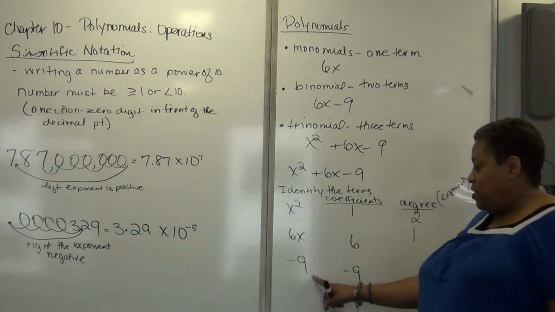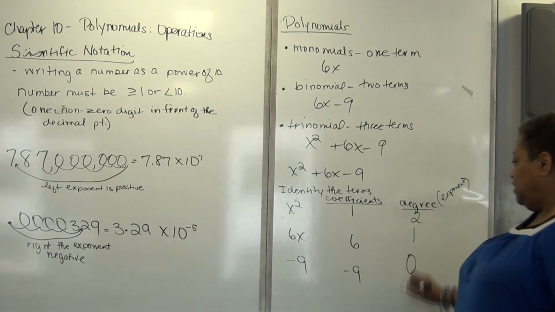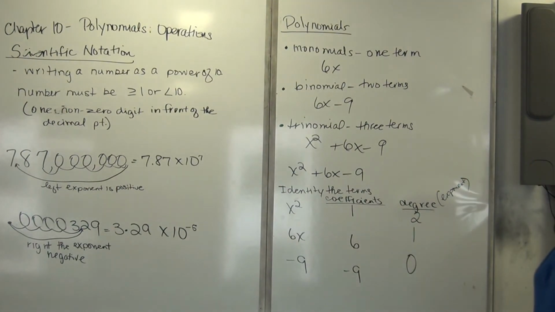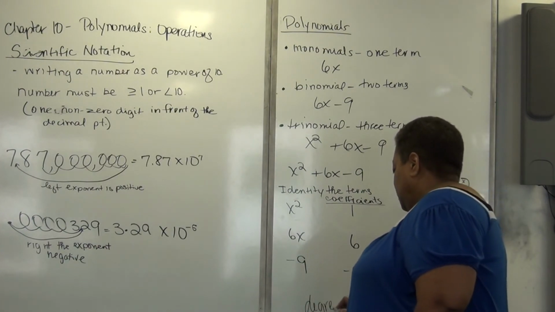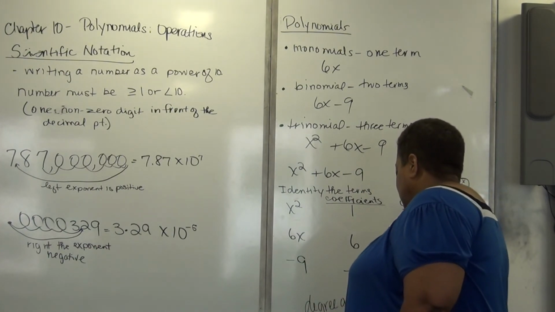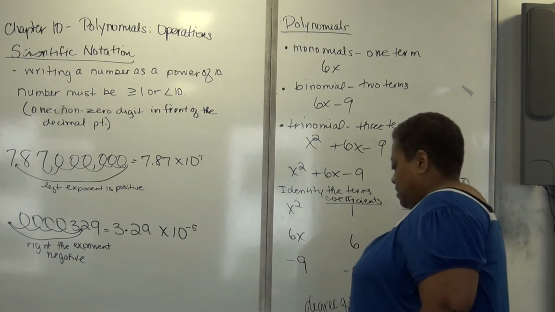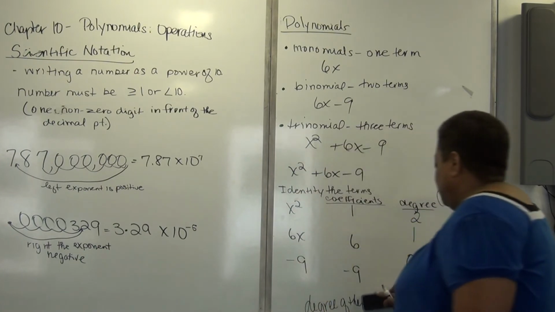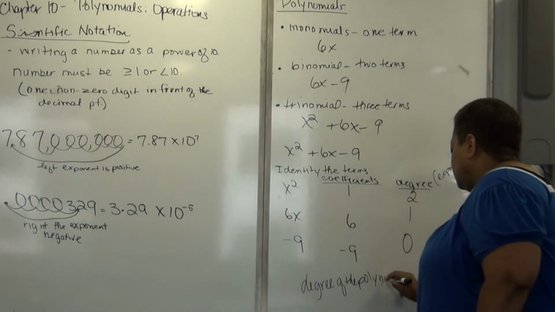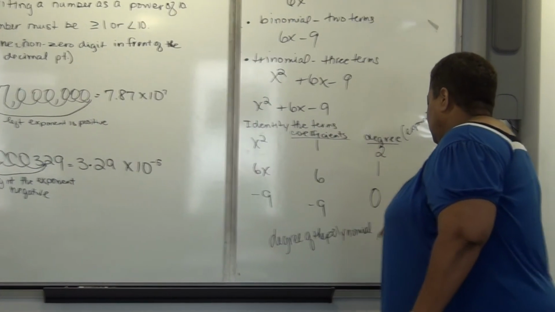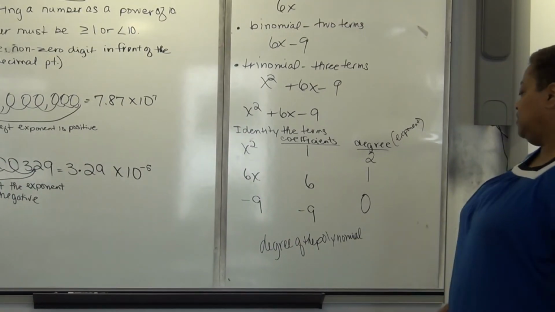When there's no variable at all, it is 0. And then the degree of the polynomial is the highest degree.